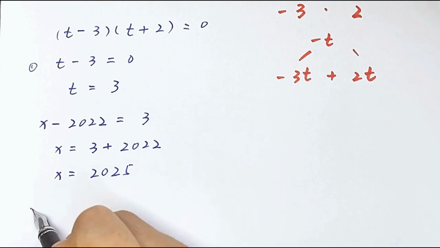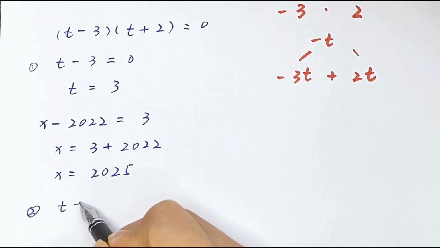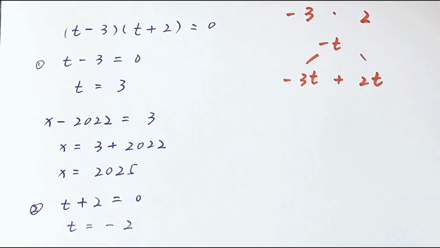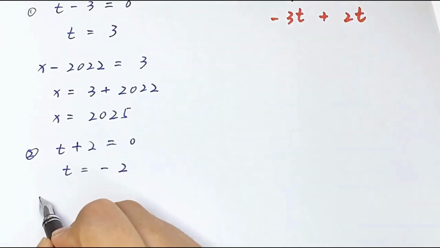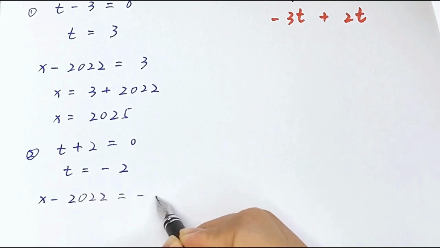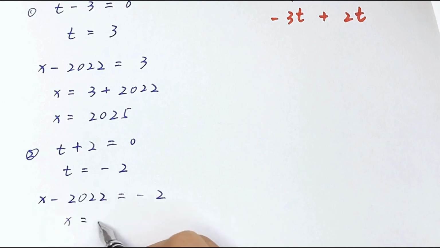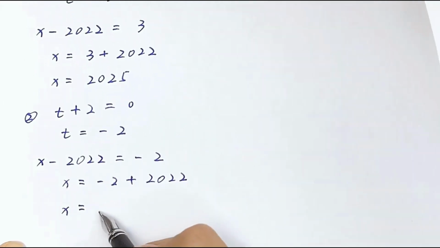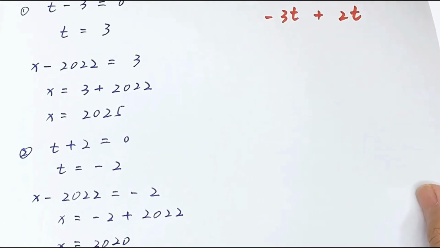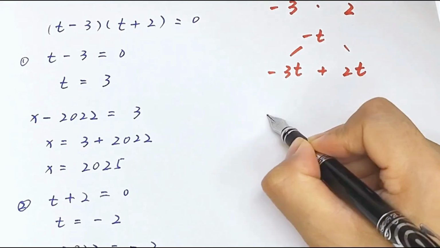And t plus 2 equals 0, then t equals negative 2. x minus 2022 equals negative 2. So x equals negative 2 plus 2022, so x equals 2020. Now to check.